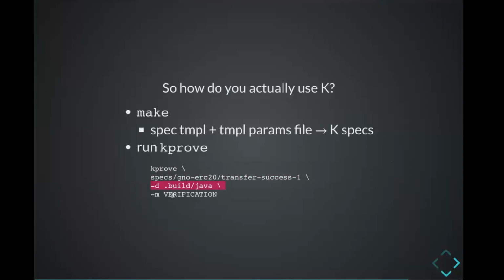And finally, you say where K is located, and then you say where KEVM is located. So you pass in the KEVM and K tools. K currently has a Java backend for symbolic execution, so that's the one I'm using.